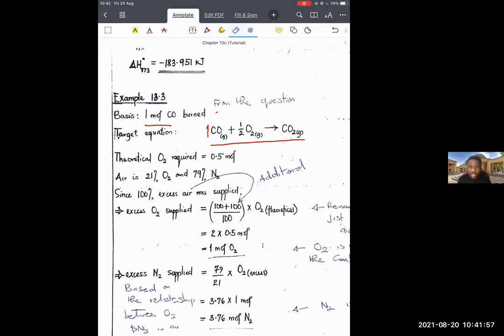Another thing is general knowledge. I'm sure by now this is general knowledge to every one of us. It says air, but in the air, what exactly is carrying out combustion? What component of the air is carrying out combustion?